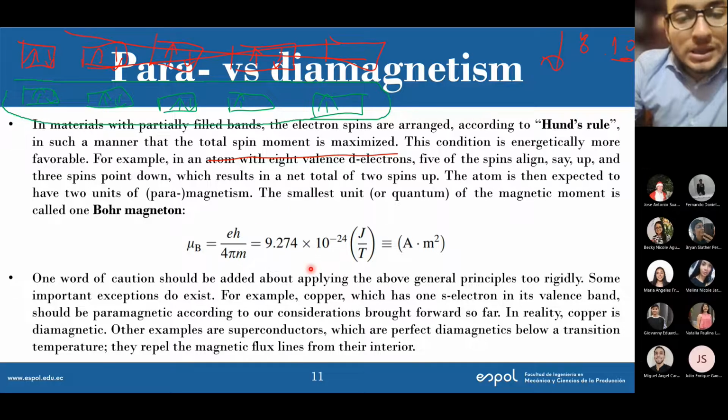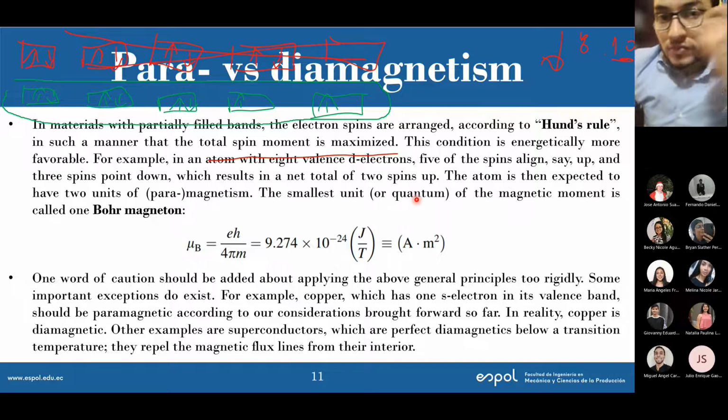The Bohr magneton is the quantum unit of the magnetic moment. So you could say this material has two Bohr magnetons per atom, because obviously this is per atom.